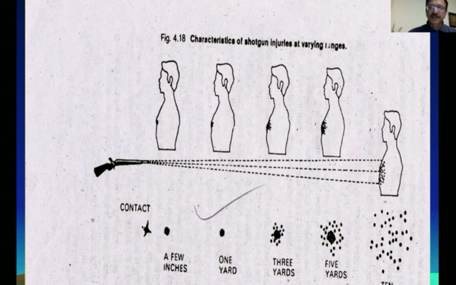And at 3 yards, they start dispersing. And this dispersion is measured between the two farthest pellets. The rightmost diagram shows the holes, the distant pellets are 10 inches apart. So the distance between the victim and the weapon will be roughly 10 yards.